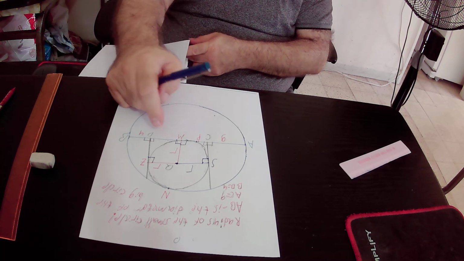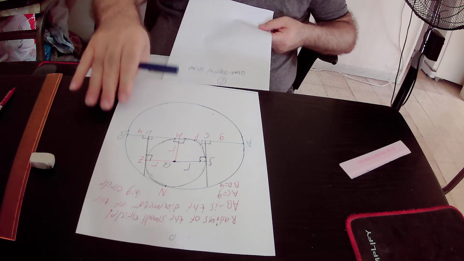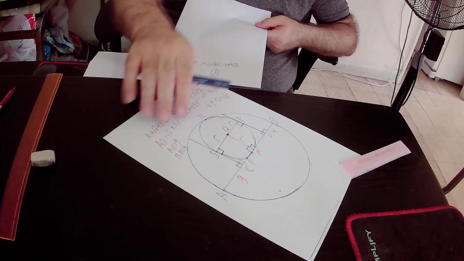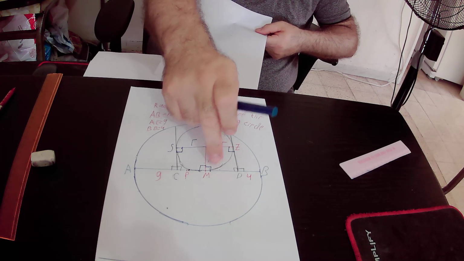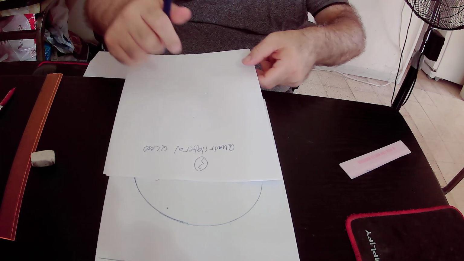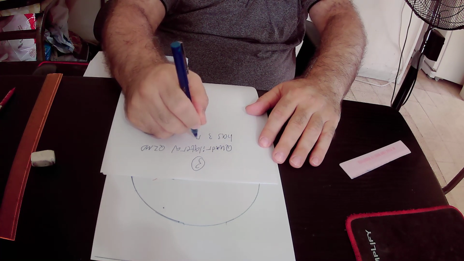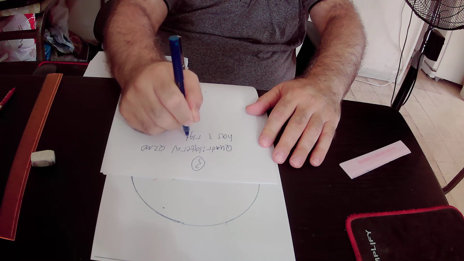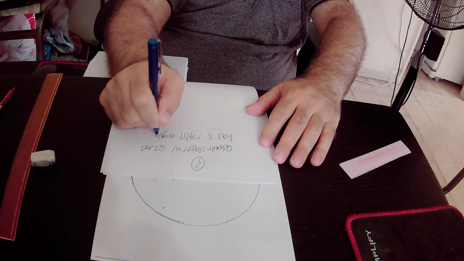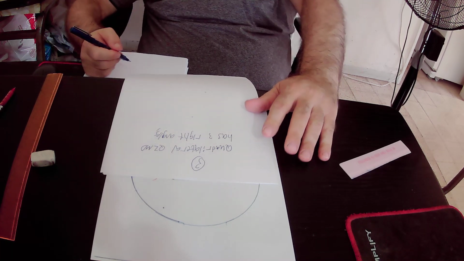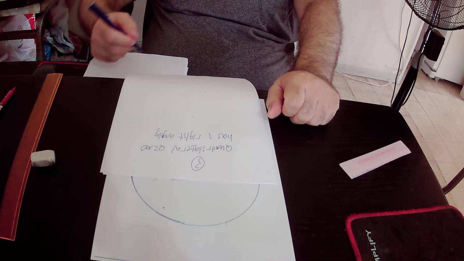This is the first one, this is the second one, and this is the third one. 1, 2, 3. And the sum of those three right angles equals 270 degrees.